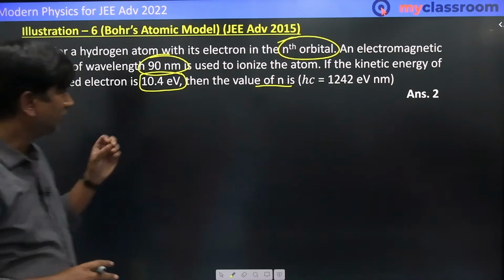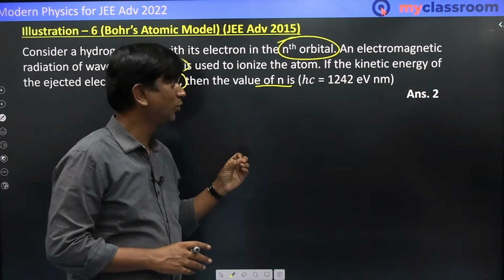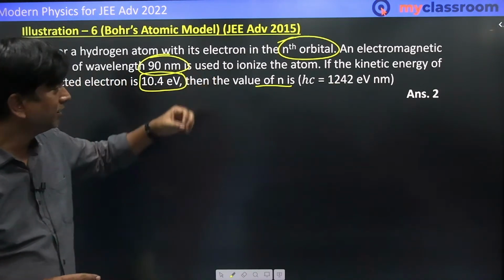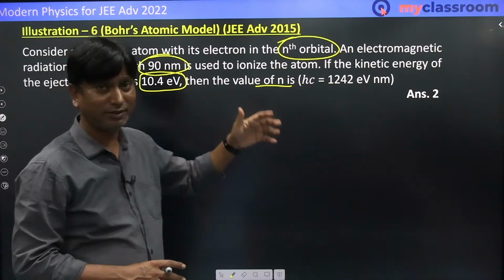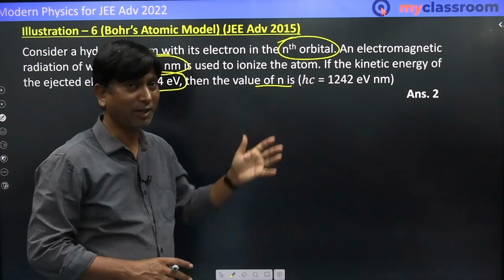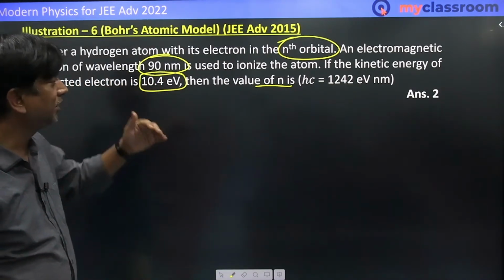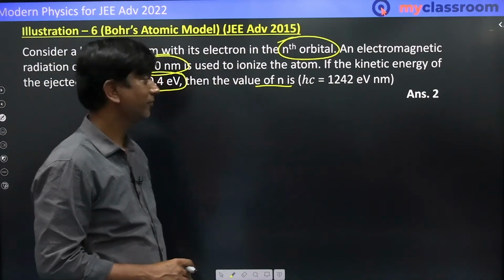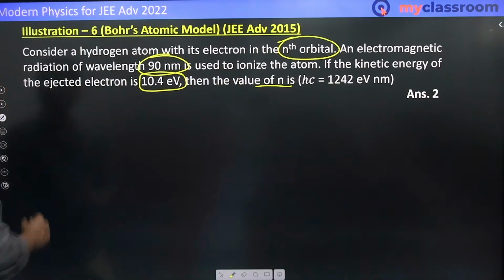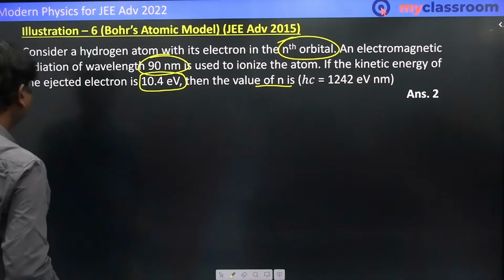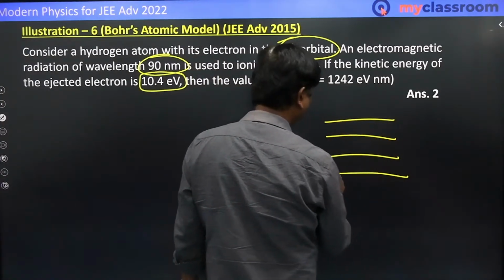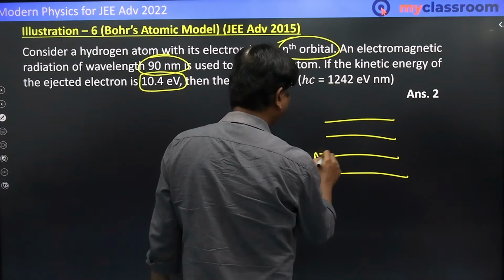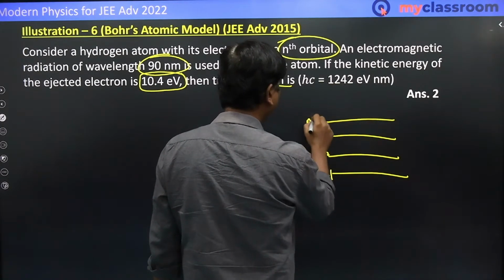Okay. So it's all about two concepts: the incident photon, how to calculate its energy, and the energy of the electron in Bohr's hydrogen atom. So which state is it actually? First, in order to solve this, you should know clearly n is equal to first, second, third, fourth.